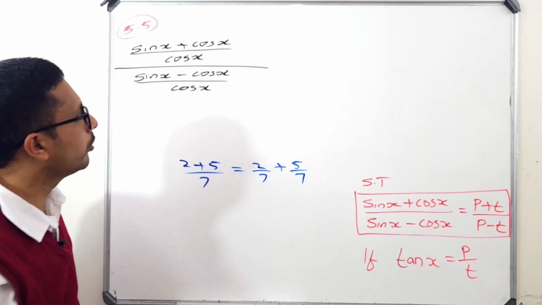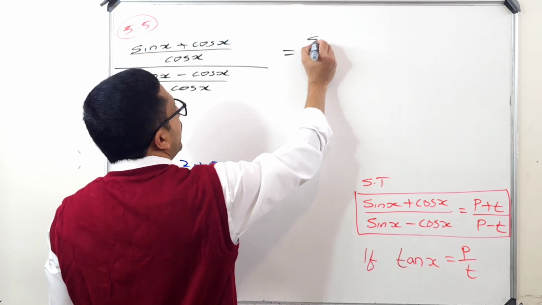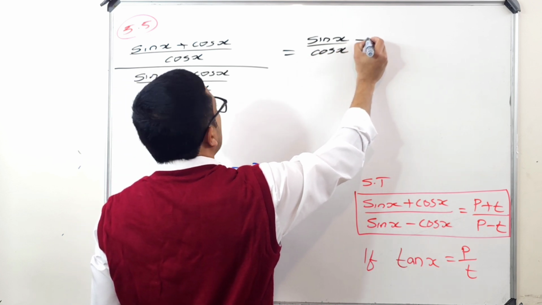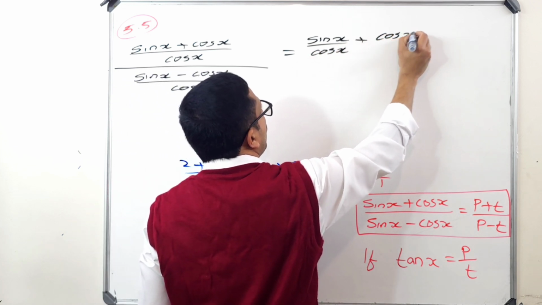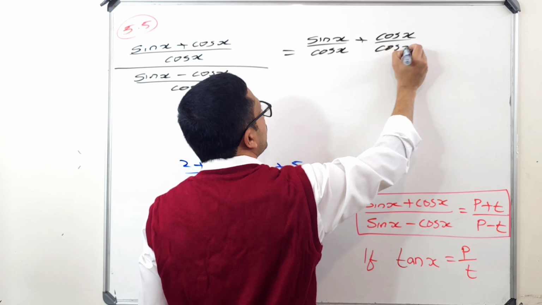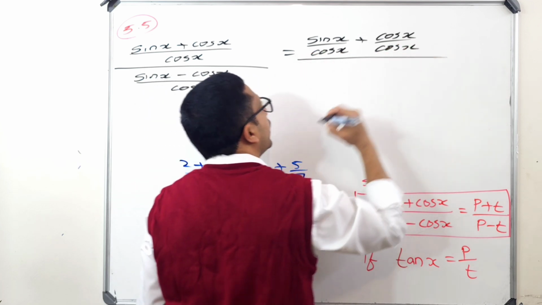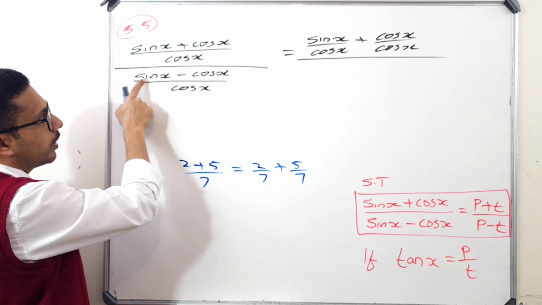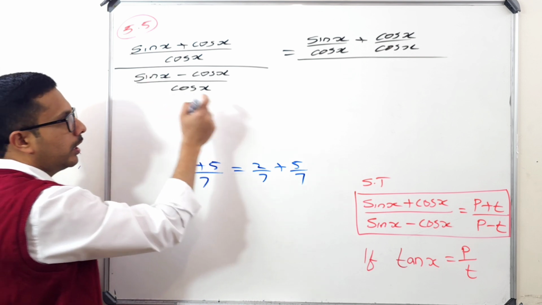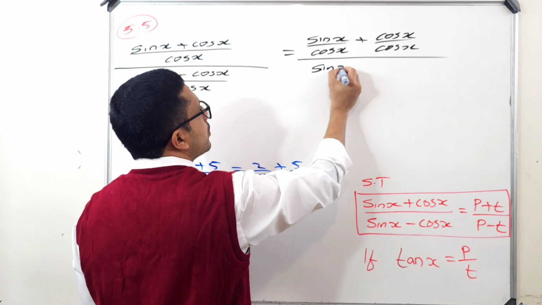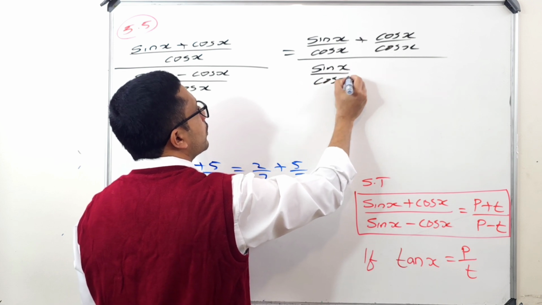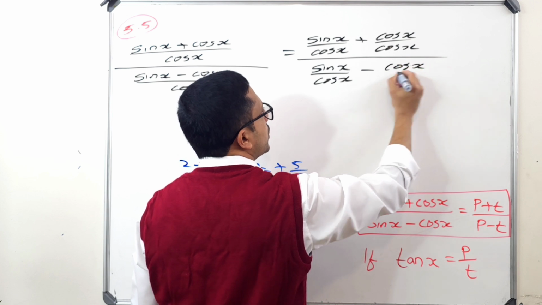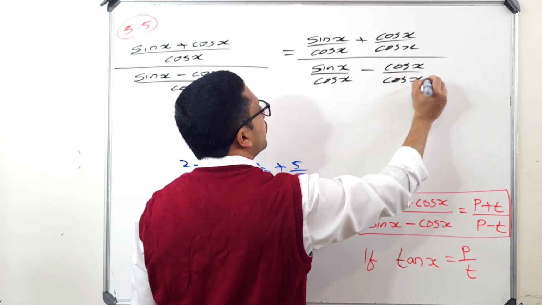Okay. So how am I going to write that one? Sin x over cos x plus cos x over cos x, the whole divided by. So I split it like this. Then here also I can split: sin x over cos x minus cos x over cos x.